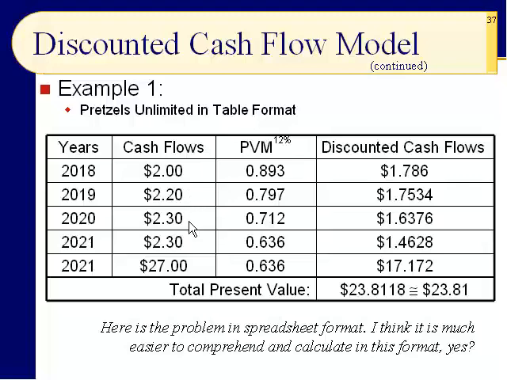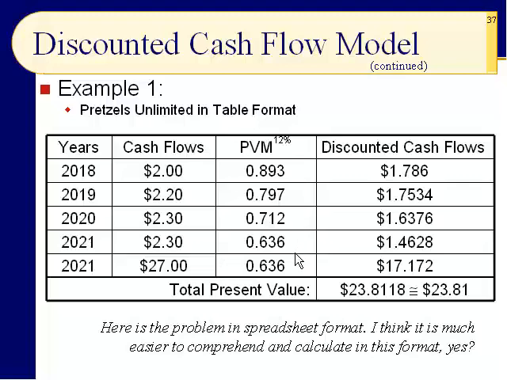In year number 3, $2.30. Year number 4, $2.30. But also in year number 4, $27 from the sale of the stock, because that's a cash flow, right? If we sell the stock, we're going to get the value of the stock, and we're assuming it's going to be $27.